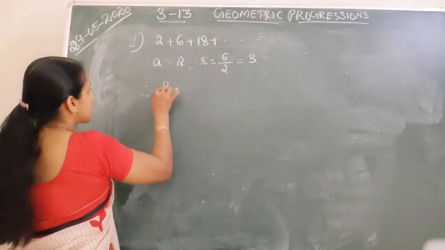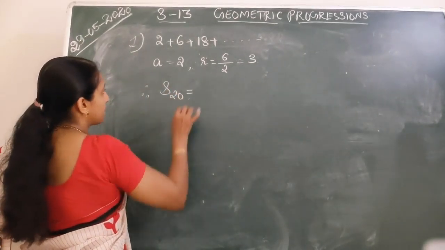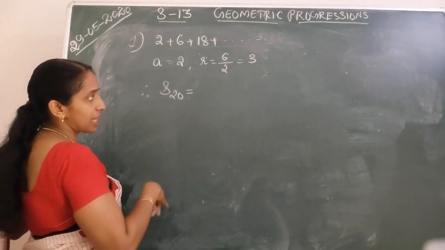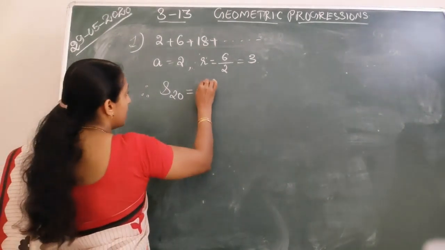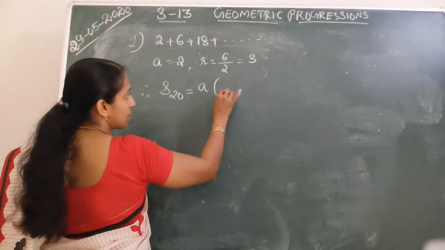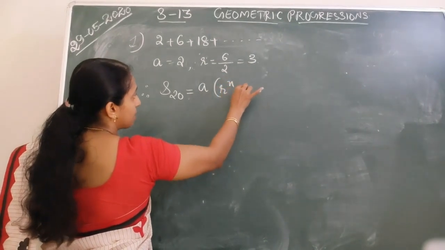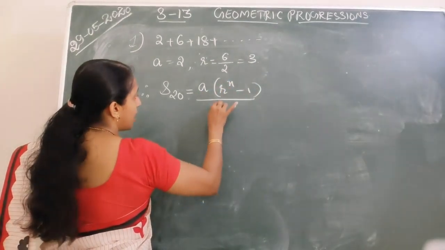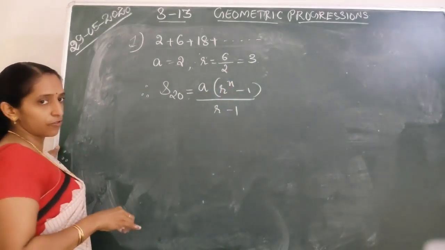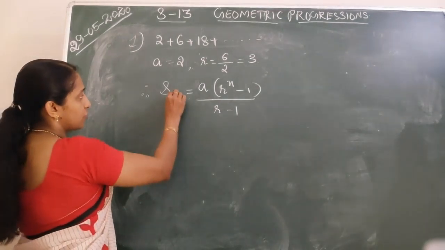Therefore, S20: as r is greater than 1, we have to apply the first formula, a into r to the power n minus 1 upon r minus 1. This is our Sn formula.